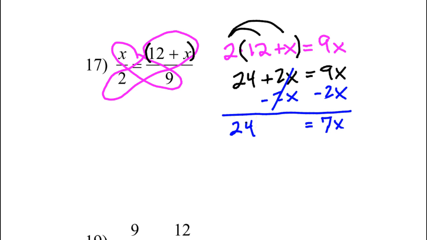You can see on purpose, a lot of these answers do not have nice whole number answers. We're leaving them as fractions so you guys get a lot of practice. You got to know how to reduce them. You got to know if they don't reduce, like does 24 over 7 reduce at all? No, so you just leave it as 24 over 7. x equals 24 over 7.